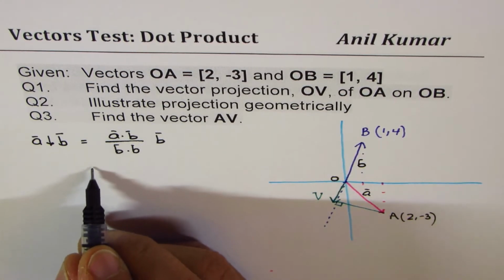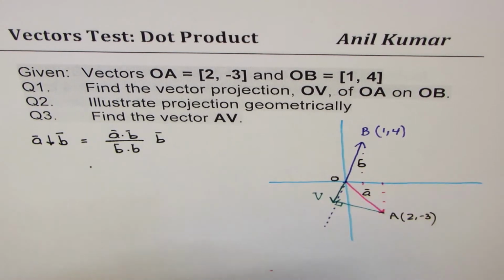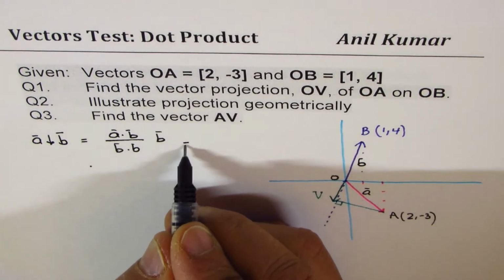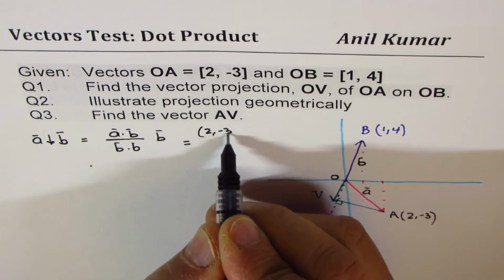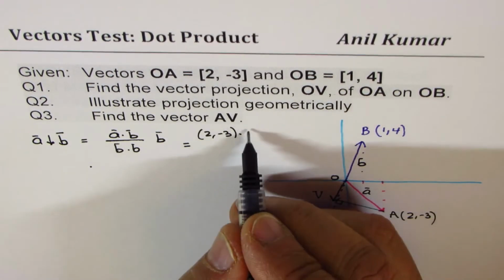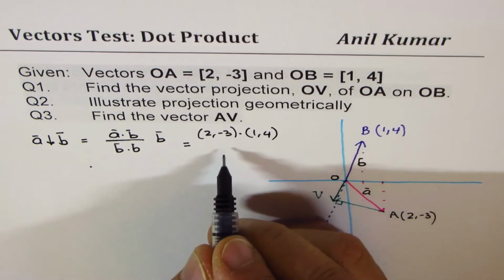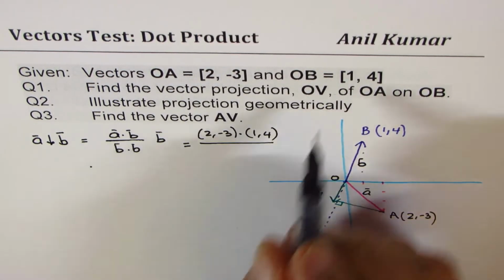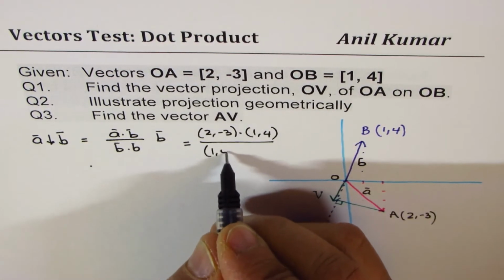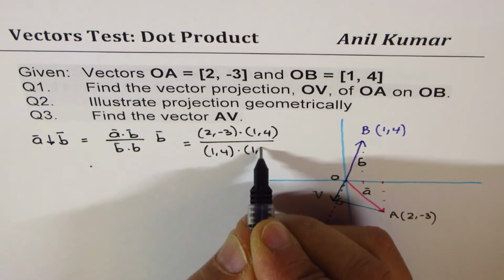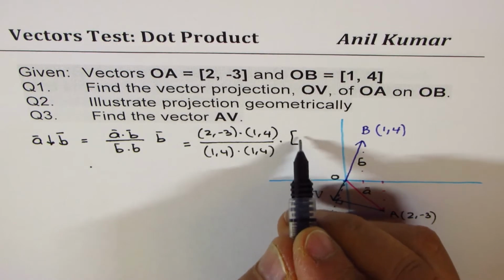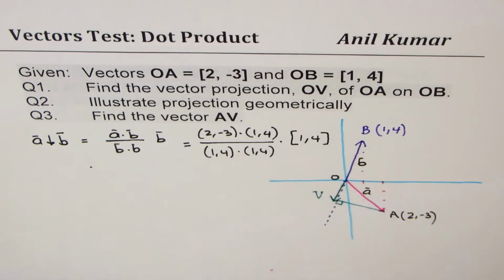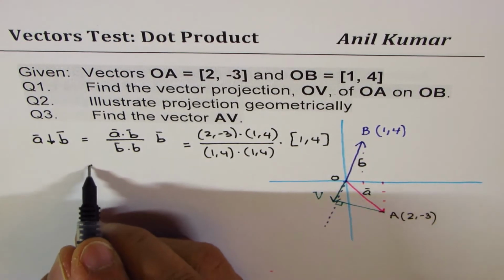Now, it is given to us, okay, let's do it here. So A dot B, so we have (2, -3) dot (1, 4), over B dot B, which is (1, 4) dot (1, 4). That gives you the magnitude squared, right? And this is (1, 4). Is it okay? Now we can calculate.